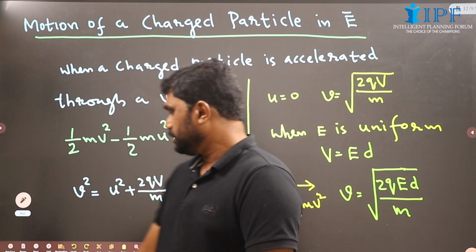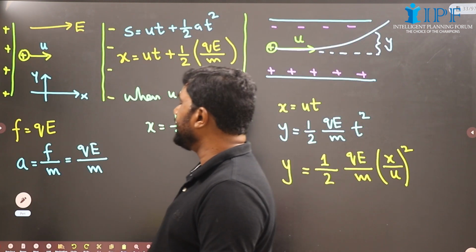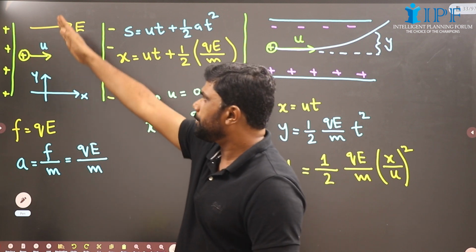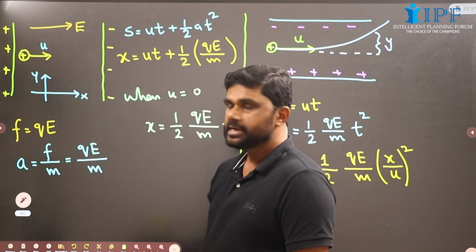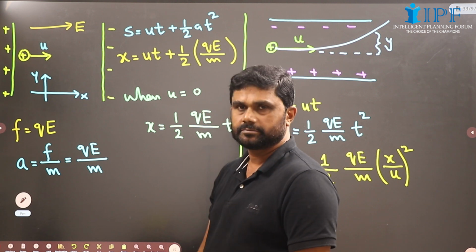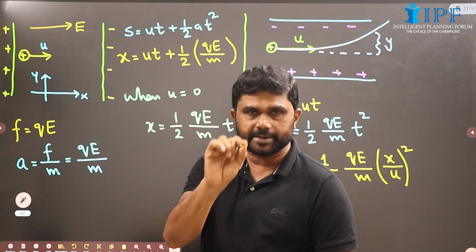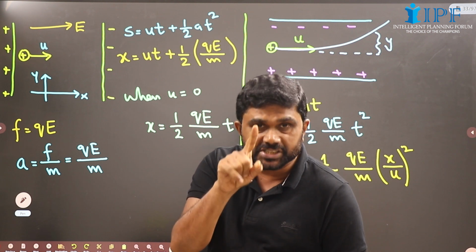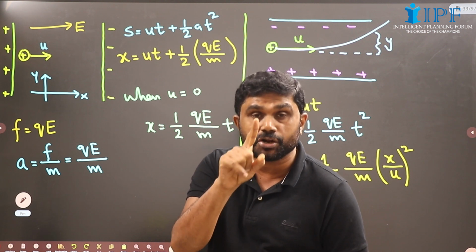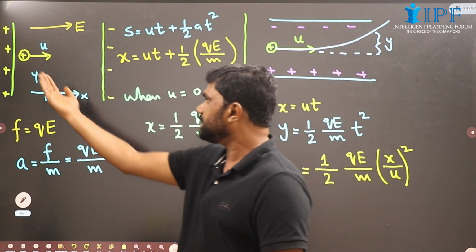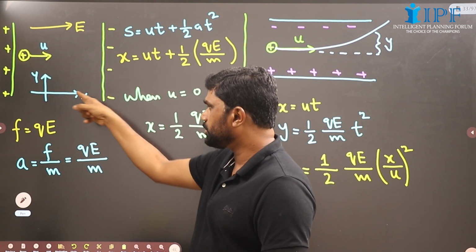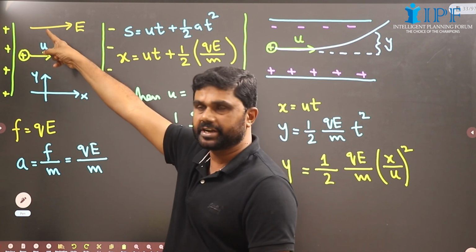Now let's consider the next case. Here we have a uniform electric field, with a positively charged plate here and a negatively charged plate here. A particle of mass m and charge q is projected along the direction of the electric field. The electric field is along the positive x-axis, and I have shown the positive x direction and positive y direction.